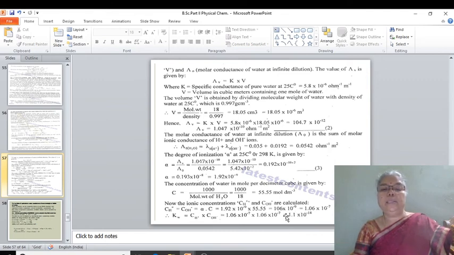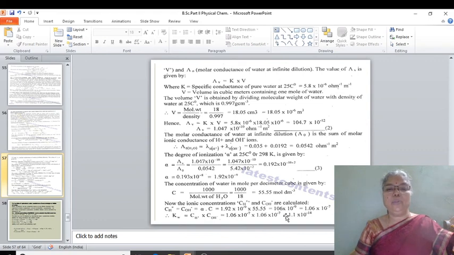This is one of the most important applications of Kohlrausch law, in the determination of the ionic product of water. Though this application is important, it requires knowledge of specific conductance, how to calculate the concentration and the degree of dissociation.